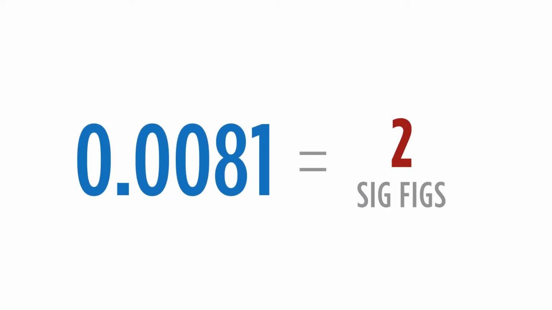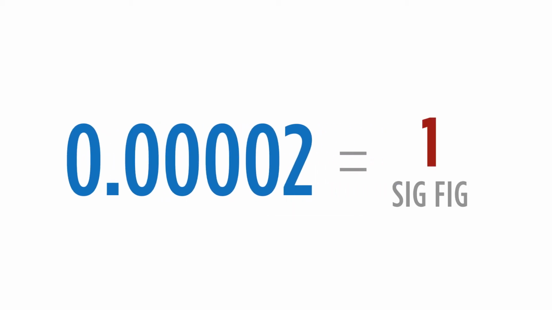They're really just holding the place so that we know that this is not 0.81 and not 0.081, but 0.0081. In this case, we only have 2 significant figures. Another example, 0.00002. Here, all the zeros are just holding the place, so we'll know the quantity. So therefore, we only have 1 significant figure.